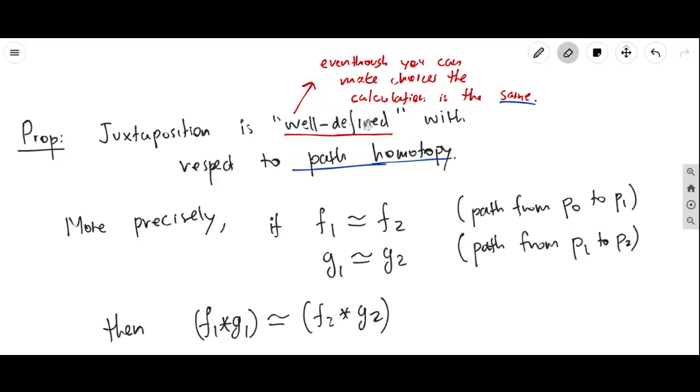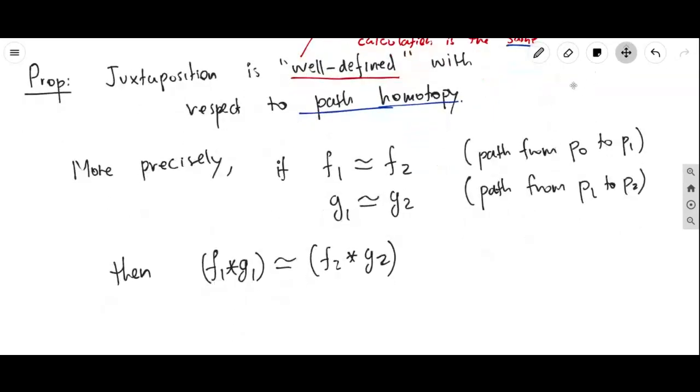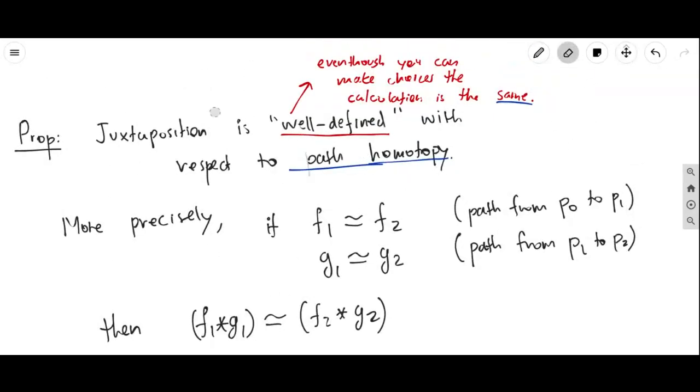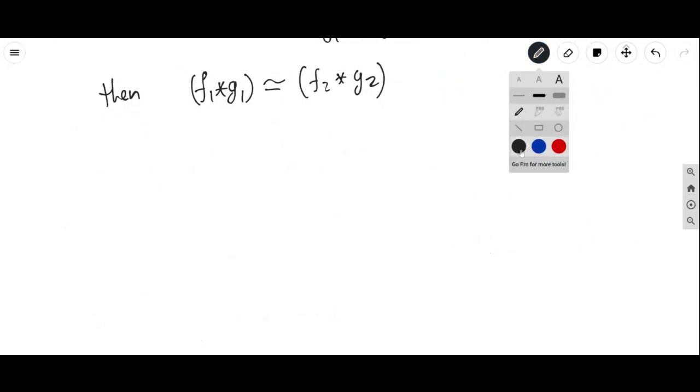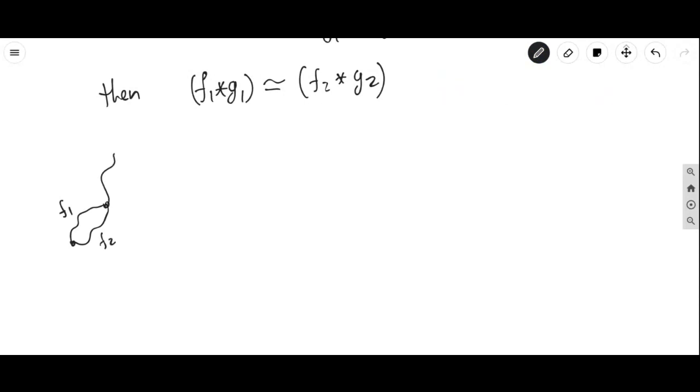Well defined means there is no ambiguity about what you get. This will be important when we end up defining the fundamental group. So you'll see how this gets used later on. So this is a proposition, and it's not difficult to prove. If you draw a picture, I think the picture makes it very clear. So this is like f1, and this is f2, and this is g1, and this is g2, and you can take a homotopy from f1 to f2 and a homotopy from g1 to g2.